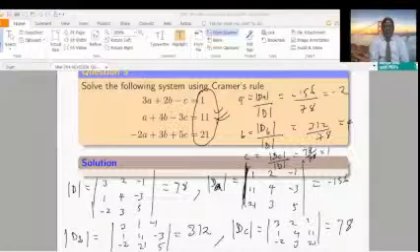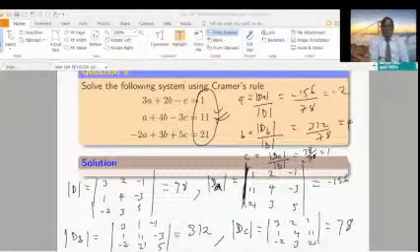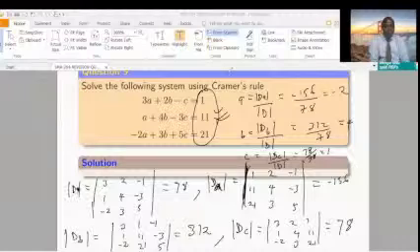So these are the values of A, B, C. But the question wanted us to find a solution to this system. So what is the solution to this system?